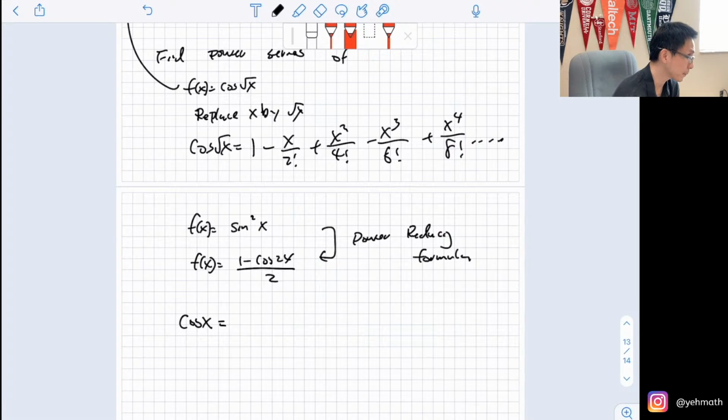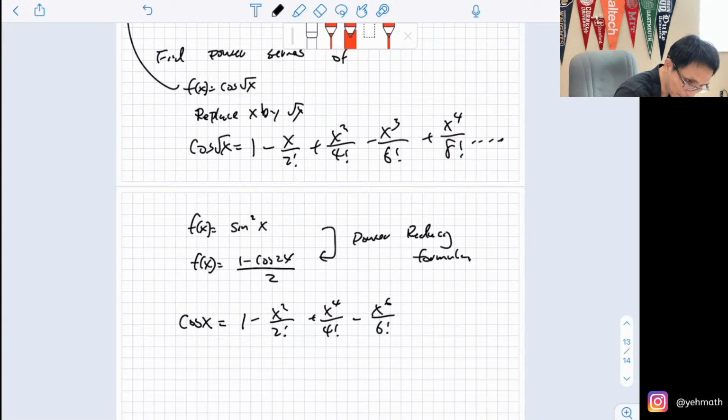Does that make sense? Cosine of x is equal to 1 minus x squared over 2 factorial plus x to the 4 over 4 factorial minus x to the 6 over 6 factorial plus x to the 8 over 8 factorial. Questions from here? We'll have to memorize it.